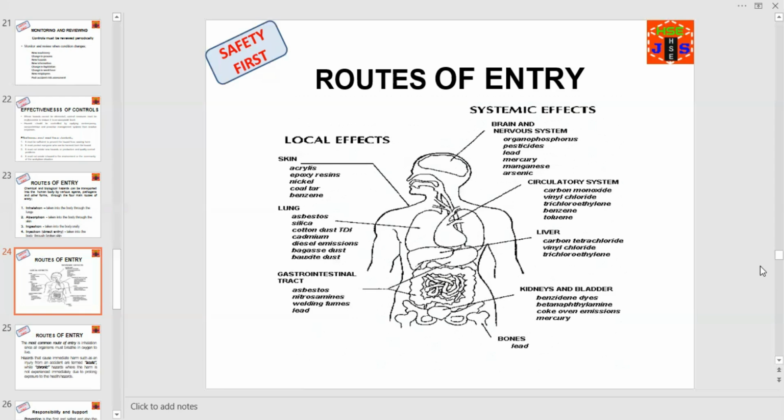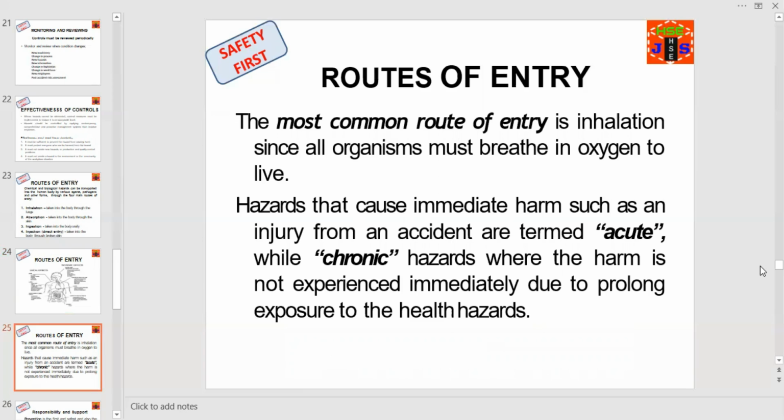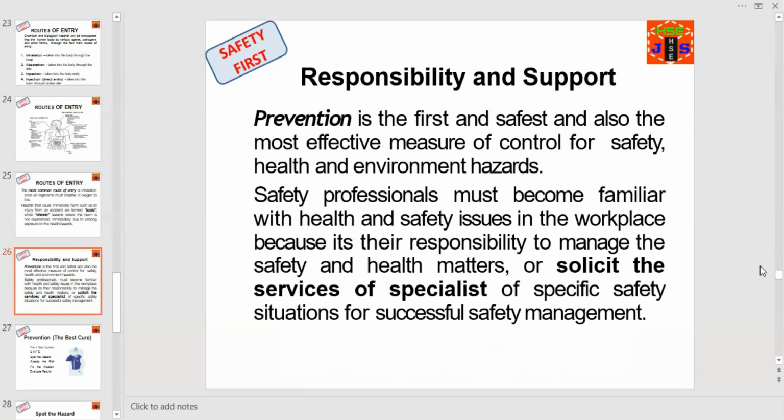But the effects are of two types, acute and chronic. Hazards that cause immediate harm, such as an injury from an accident, are termed acute, while chronic hazards are those where the harm is not experienced immediately due to prolonged exposure to the health hazards.